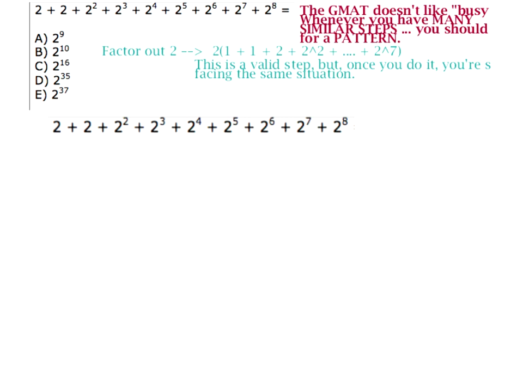The exploration that can lead you to that kind of pattern can be sort of random. So like here, if you look at just this 2 plus 2, that's going to be 2 times 2, which is 2 squared.